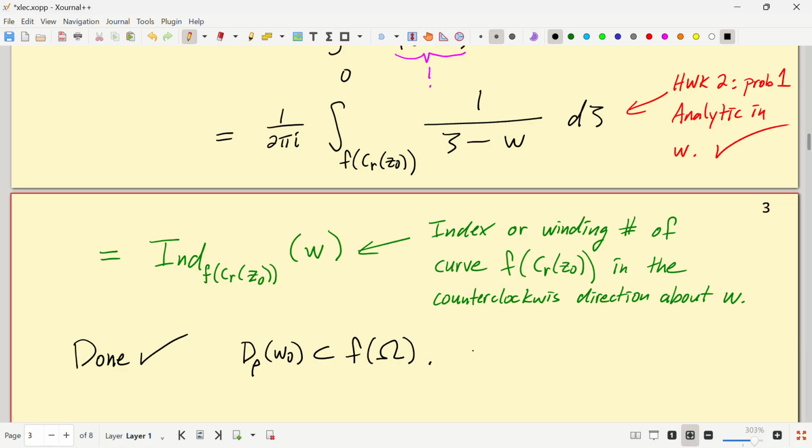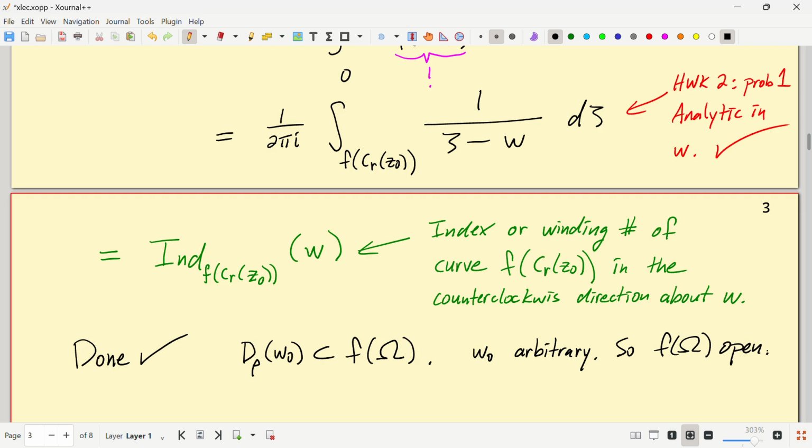And W naught was arbitrary. So we see that f of omega is open. Questions about it? Well, that's one of the big classic theorems of complex analysis.